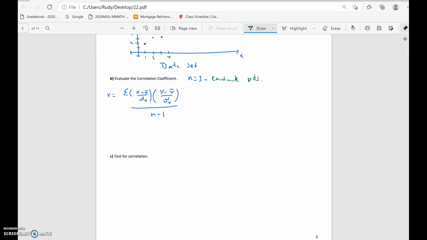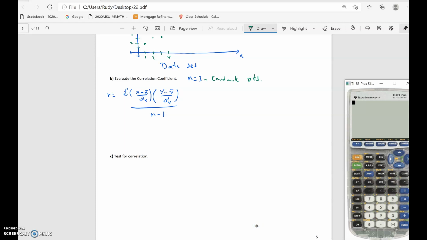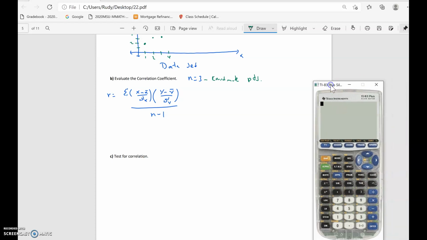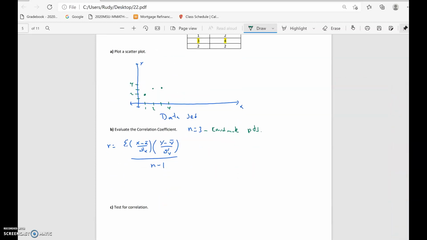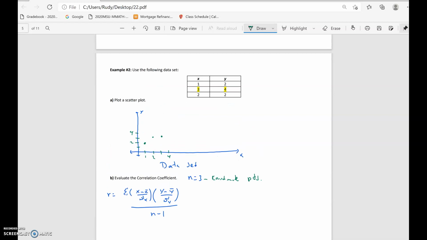Okay, now let me tell you the shortcut that evaluates this messy formula. I need you to pull out your calculator. You're going to enter the data set in the following form. Input your x's as L1 and your y's as L2.